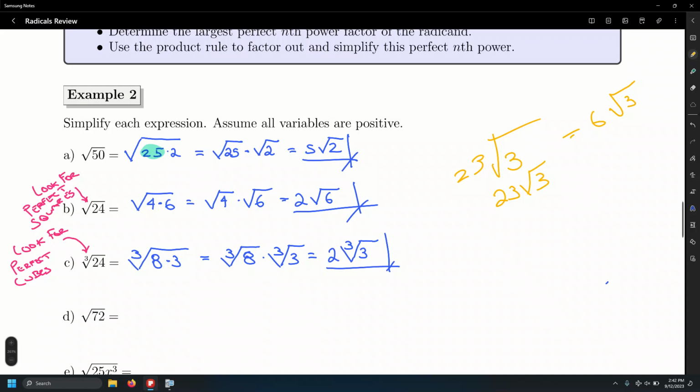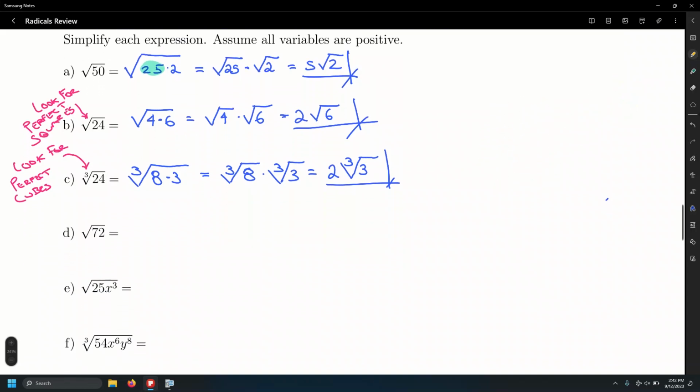So notice how I write this tiny index number in the spacing of the radical symbol, so it actually looks like a radical symbol. Try to be as neat as possible, so you don't get different results.